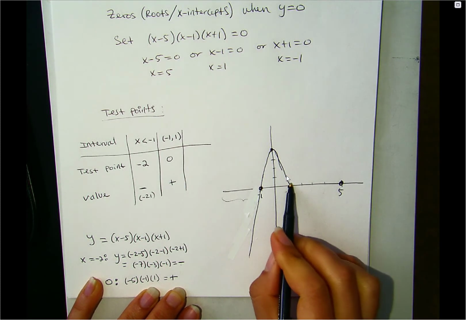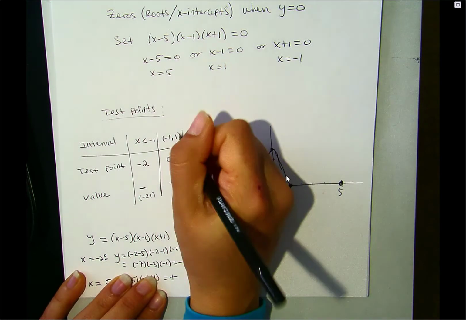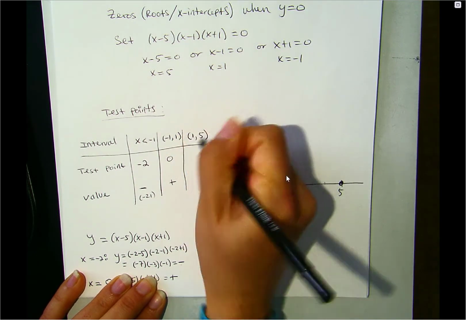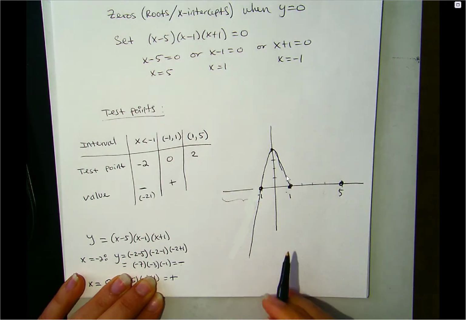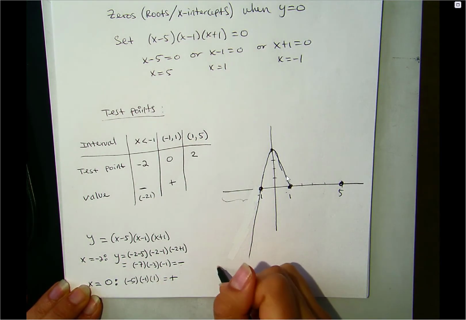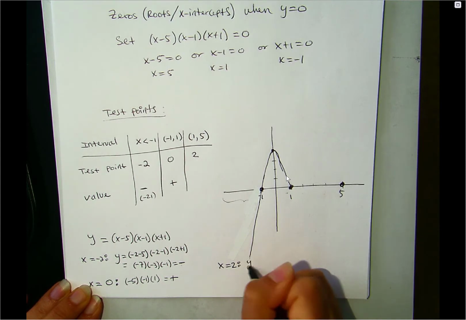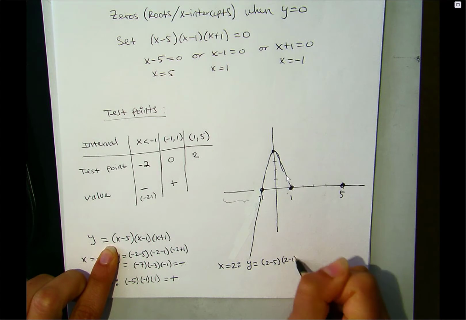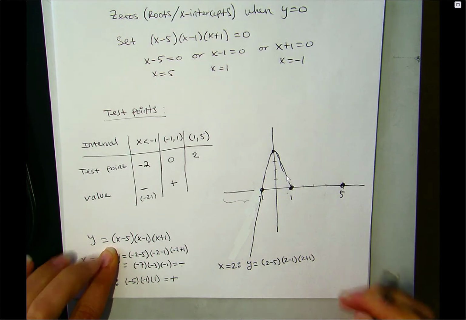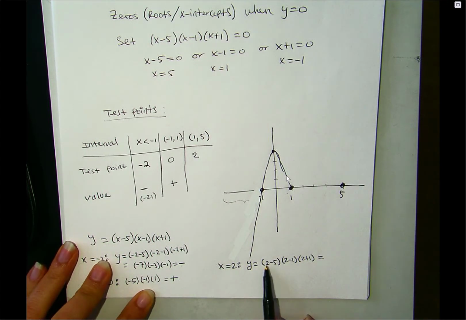And now let's see what happens between 1 and 5. When x is between 1 and 5, pick something in there. You can pick 2 and plug it in. So when x is 2, y equals 2 minus 5, 2 minus 1, and 2 plus 1. And again, we care about the sign. So that's going to be negative, that's going to be positive, and that's going to be positive.